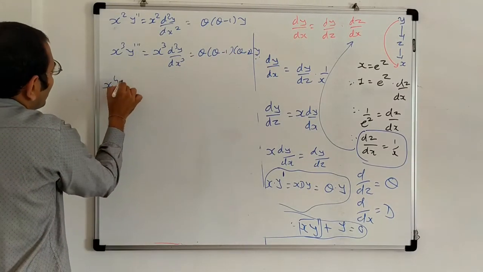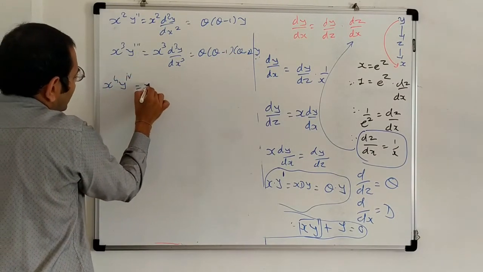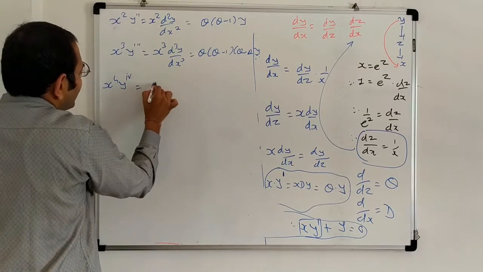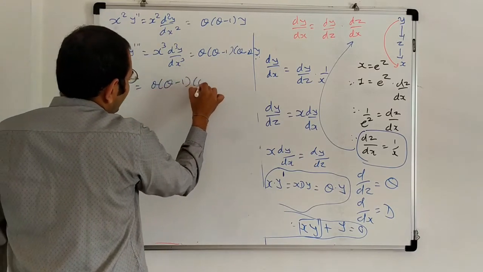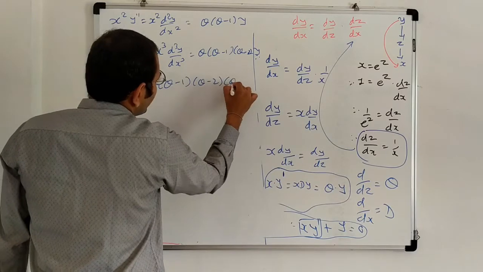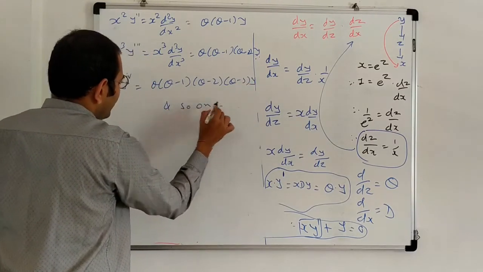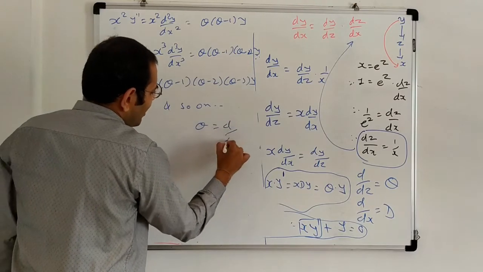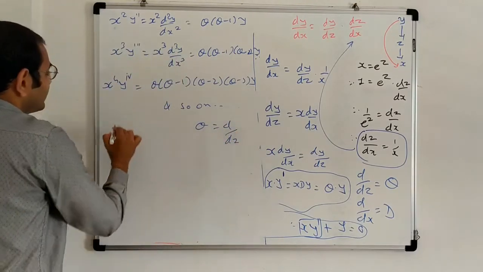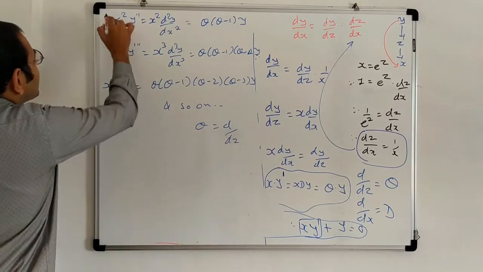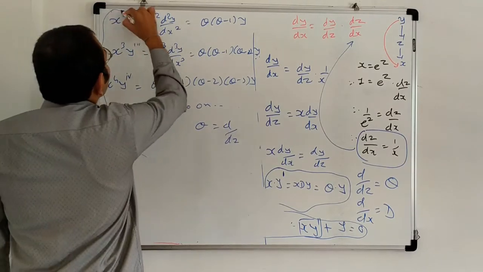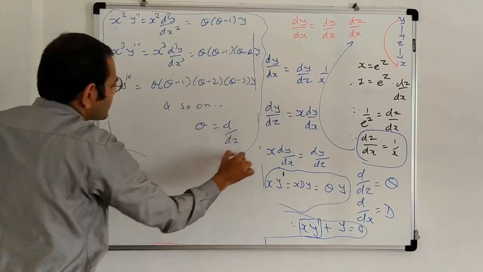Suppose x raised to 4 with the fourth derivative, then we can write theta minus 1, theta minus 2, theta minus 3 of y, and so on, where theta equals d/dz. Clear? These are the formulas we can use in examples.